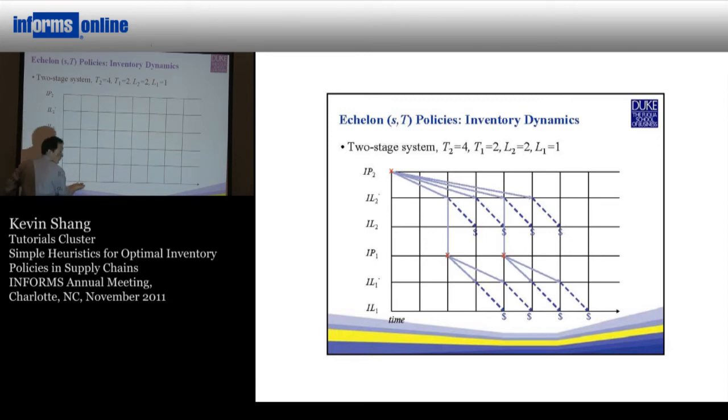Again, here's the time frame, right? So we are moving the time t plus 1, 2, 3, 4, 5, and so forth. And this is the inventory position, echelon inventory position for stage 2 and for stage 1. And this is the corresponding net echelon inventory level, okay? So if I run this, we are going to see actually the decision that I made.